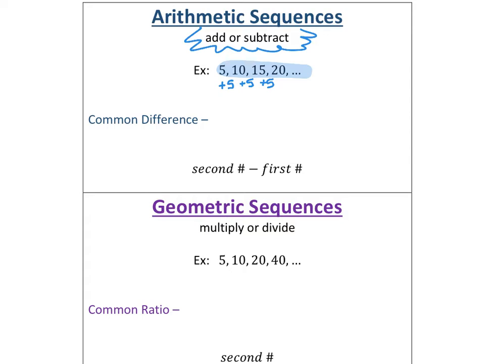Now, that plus 5 that I wrote underneath the sequence here is called its common difference. We're going to represent the common difference by the letter d. The common difference is the number that we are either going to add or subtract, so adding or adding negative numbers, which is subtracting, between each pair of terms.